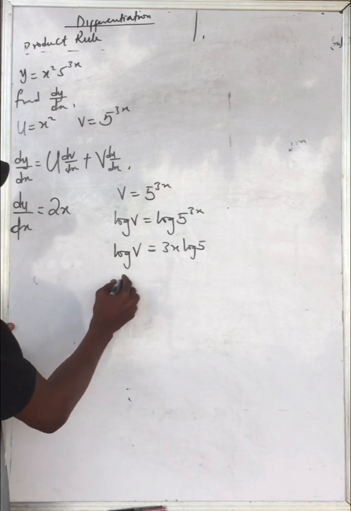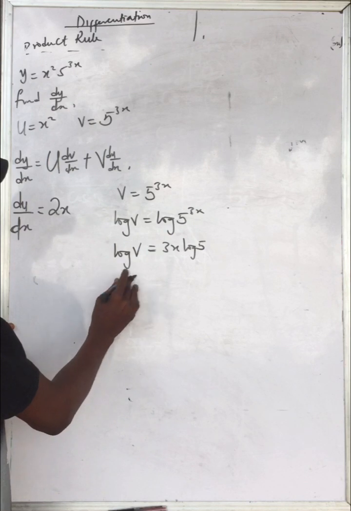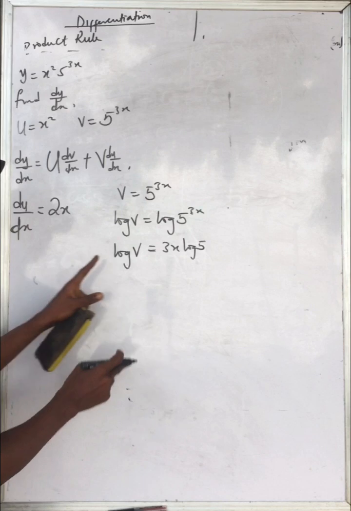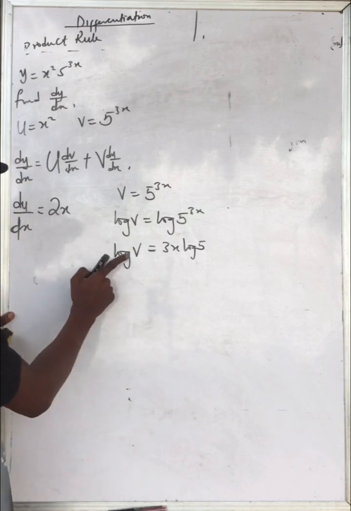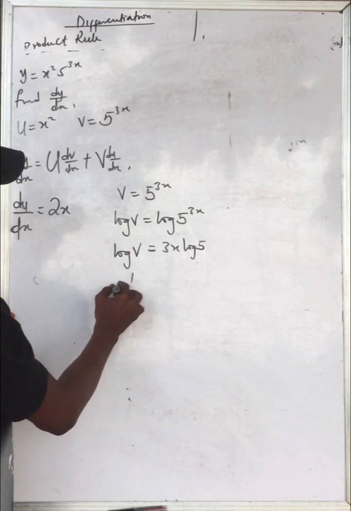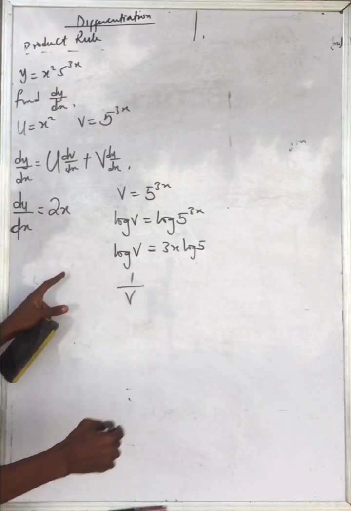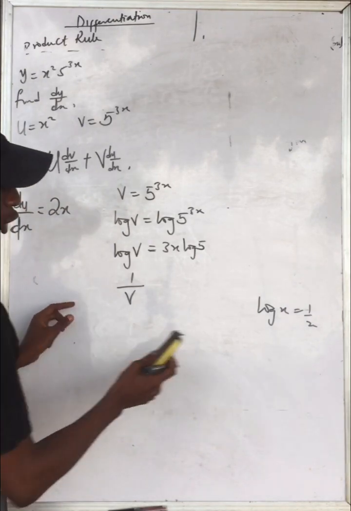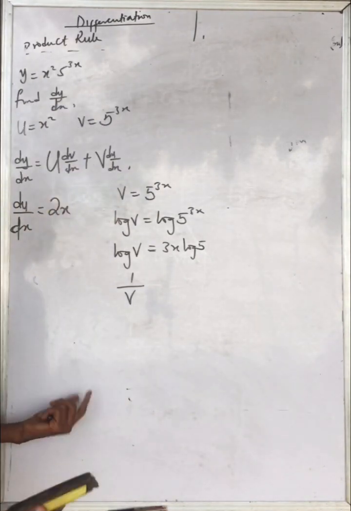So my dv/dx in question here. Now if I differentiate this one, remember I'm differentiating with respect to x. So differentiating log v here, I will get 1 over v. Remember the differential of log x is 1 over x. You understand now? So the differential of log v will be 1 over v.